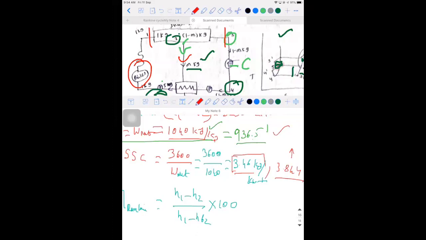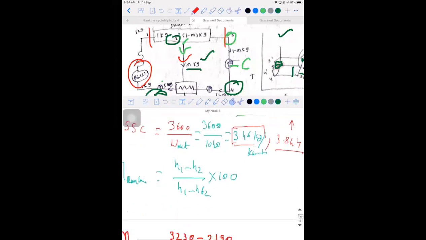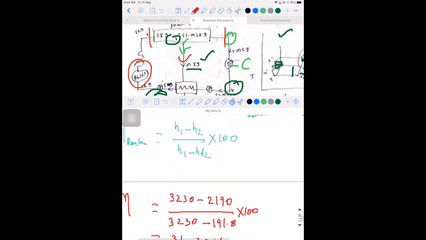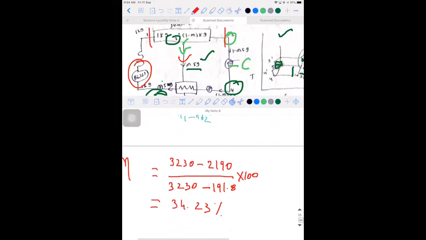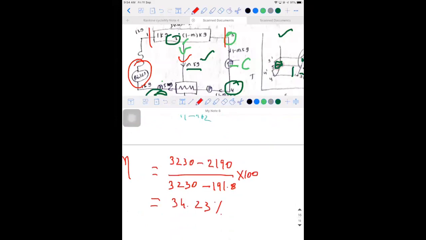But the advantage we are able to get is when we compare the efficiency. In the case of the plain Rankine cycle, efficiency is found to be only 34.23. But with regeneration, what is the corresponding value? The corresponding efficiency with regeneration is 36.36. So, efficiency is increased with the regenerative cycle.